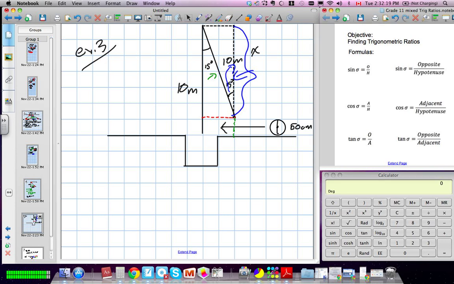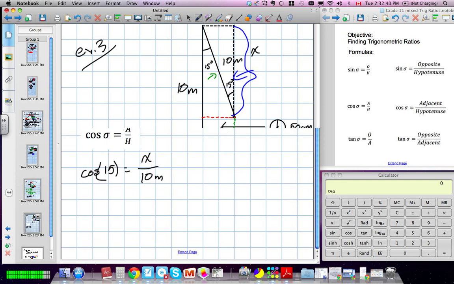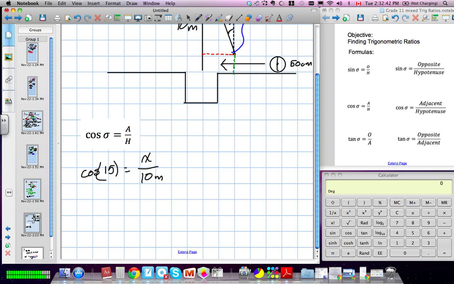We don't know how far off the ground it is, though. So, if our angle is 15, we have cos 15 degrees. We're looking for the adjacent side, which we'll call x. And we know the hypotenuse is 10 meters. Okay? We need to solve for x, so when I bring 10 to the other side, it's multiplied. So we have 10 times cos 15.